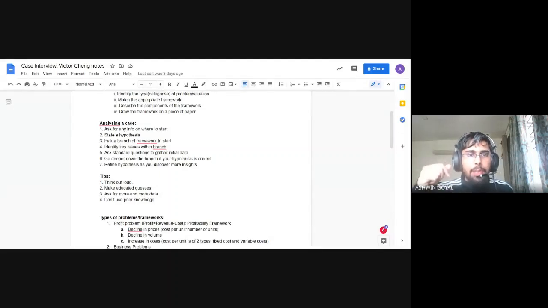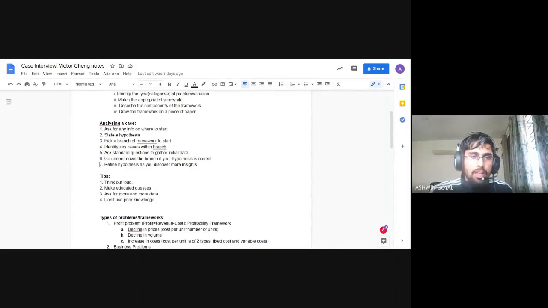And after that, pick a branch of the framework to start, then identify key issues within the branch, and then ask some standard questions to understand more about that case, and then go deeper down the branch and understand whether your hypothesis was correct.